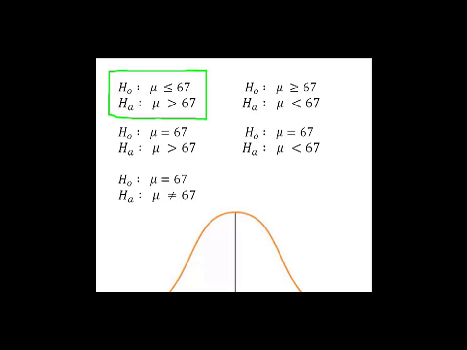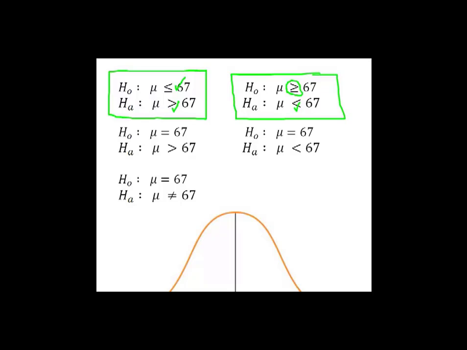So now look at these mathematical symbols in your null and alternative. This one says less than or equal to. Well, the only thing left after I go less than or equal to is greater than. Over here, when I say my null is greater than or equal to, the only thing that's left is less than.